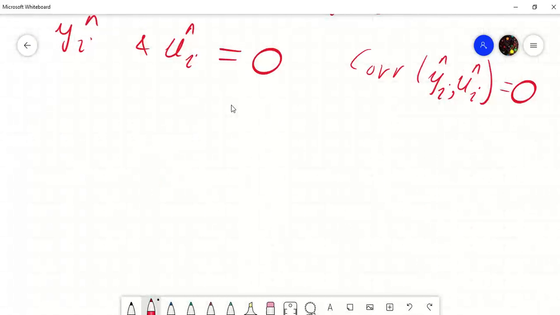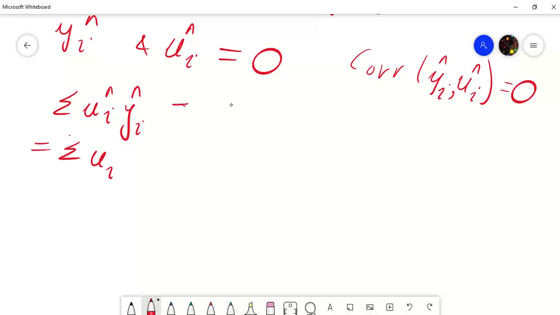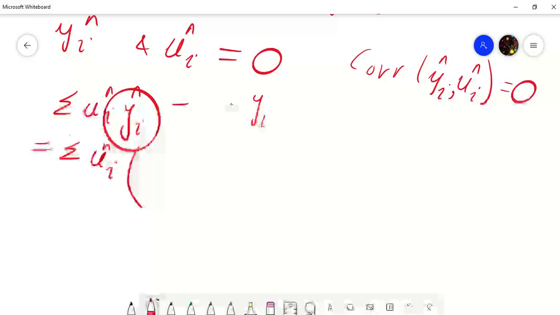So what we are going to prove is summation mu I hat yi hat. Here, we know that this yi hat is equal to beta 1 hat plus beta 2 hat xi.